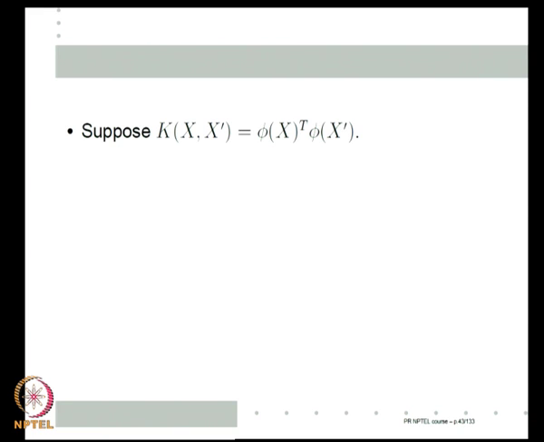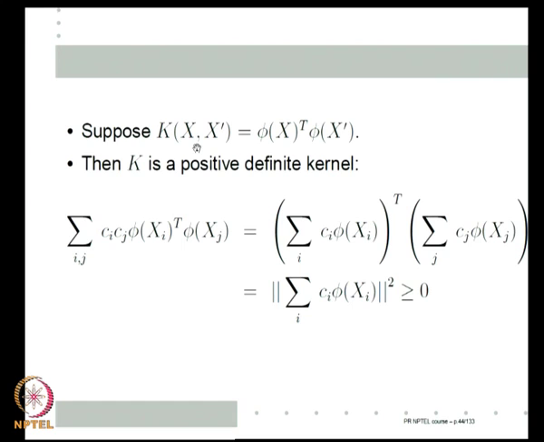If in fact the kernel is obtained as an inner product in some other space, that is, if script x can be mapped to some other space using phi and the range space of phi has an inner product, here I represented by the transpose, so in fact if k(x, x prime) is phi(x) transpose phi(x prime), then such a k is certainly positive definite. Why?